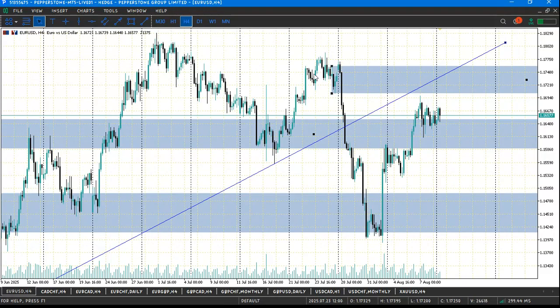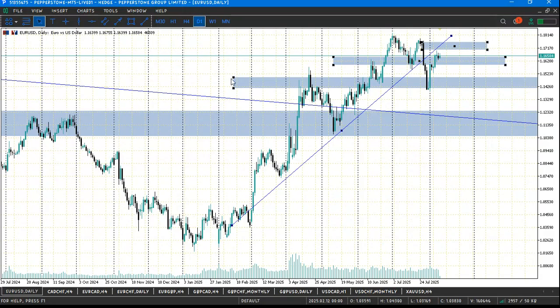Actually it's a head and shoulders, with this being the left shoulder, this being the high and this being the right shoulder. Therefore we expect that the market will come back to this area and retest it and continue with a sell, a downtrend.